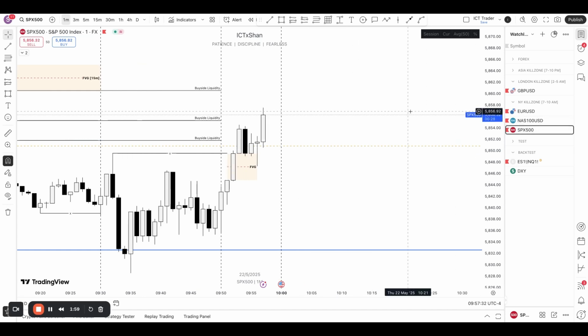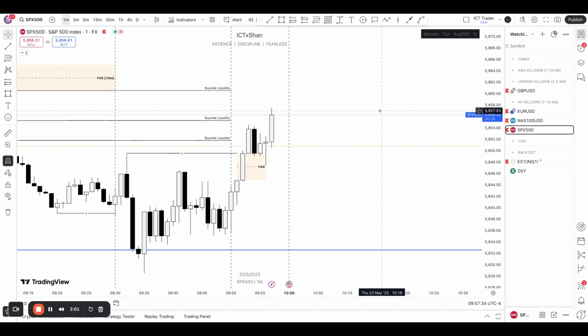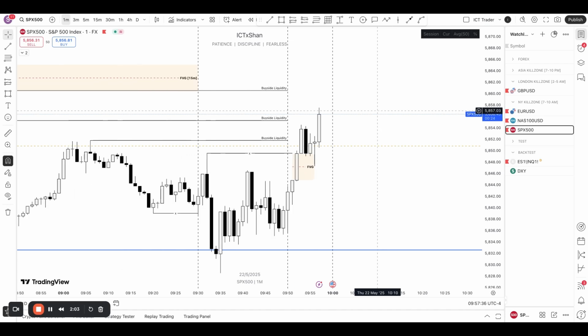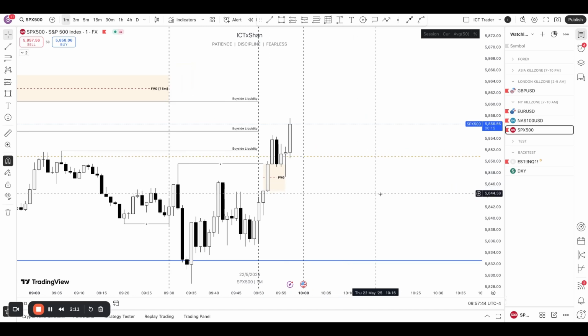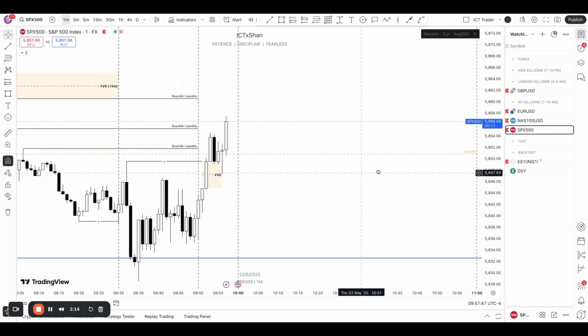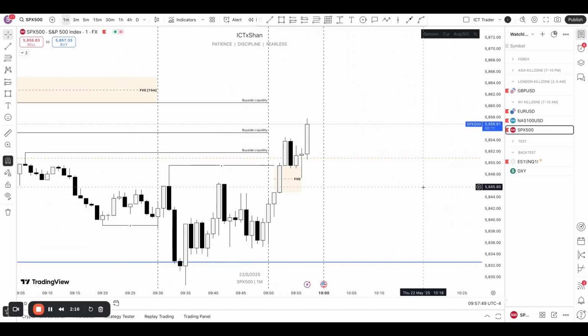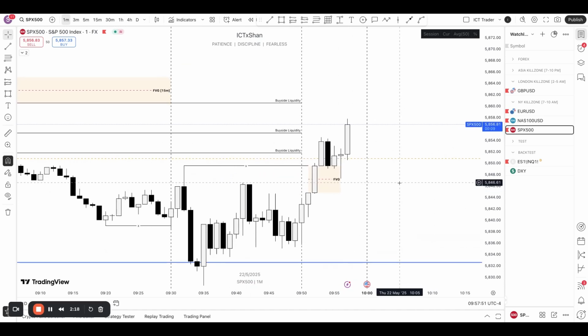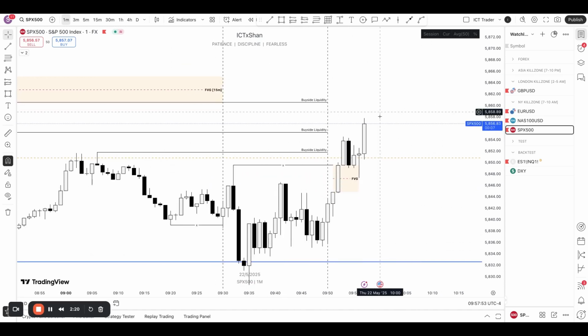Interesting. So when it comes to ES, it's taking this early gap as support, and also the 12 AM open is there. So it's taking those two points as support and moving higher.